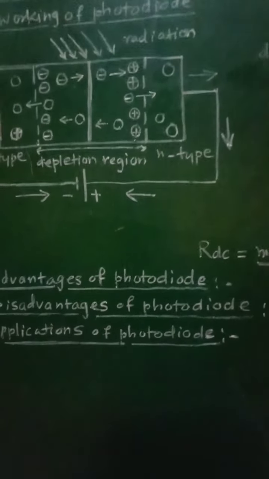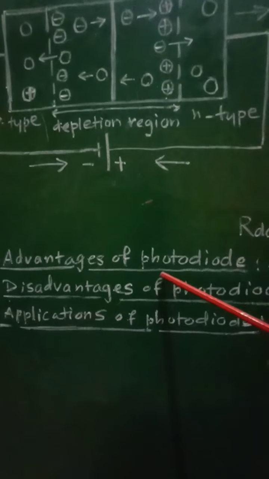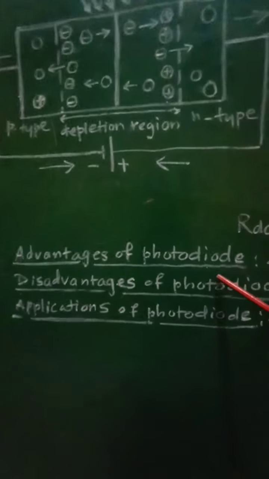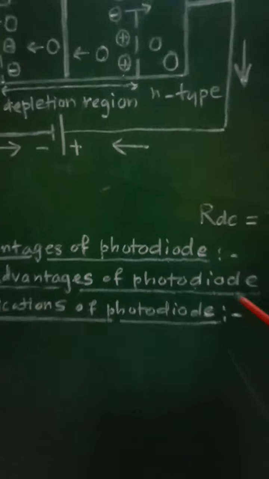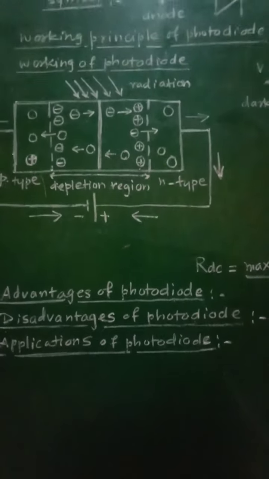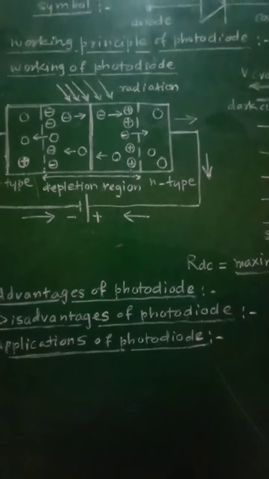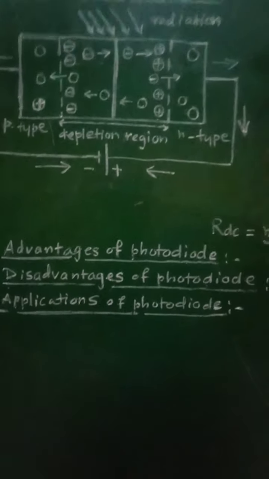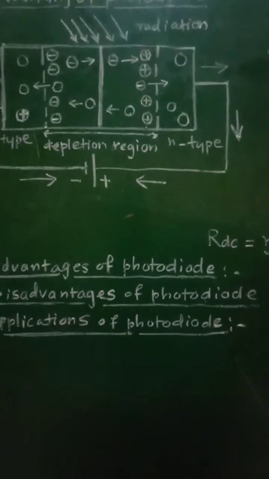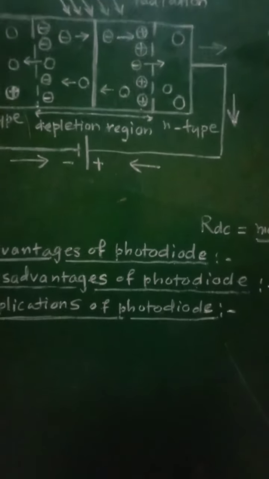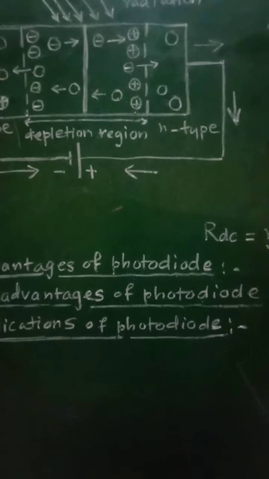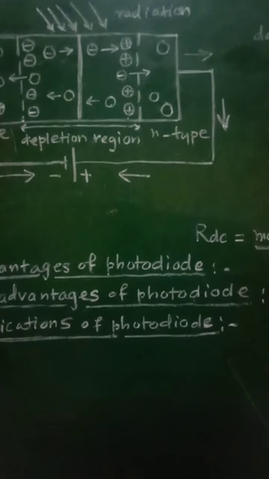And now let us see the advantages of this photodiode. What are the advantages of this photodiode? Let us see some of the advantages. First one is the quick response when exposed to light. So as soon as that diode is exposed to light, at the same moment it will create the electron hole pairs, and therefore quick response when it is exposed to light.